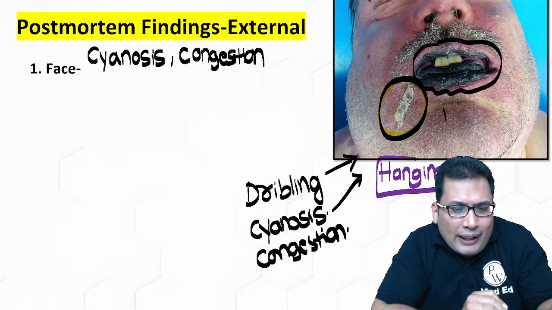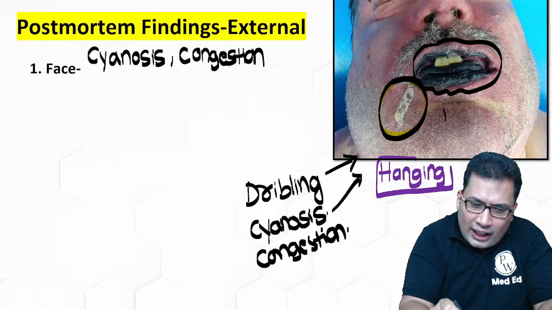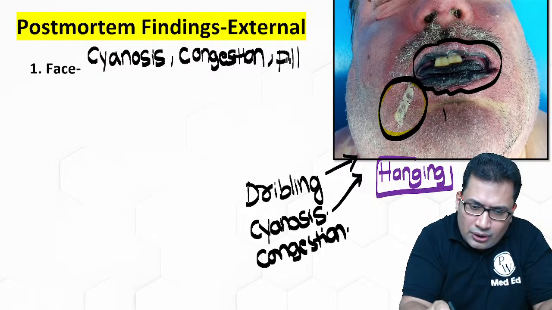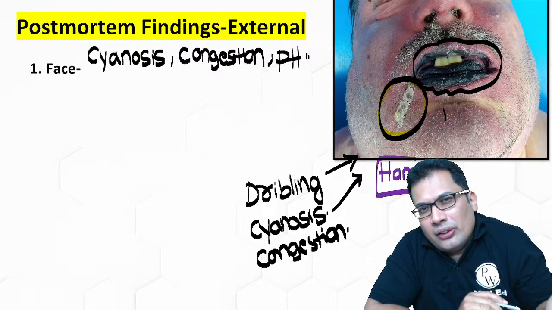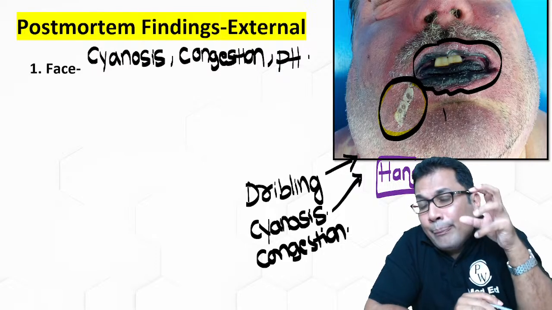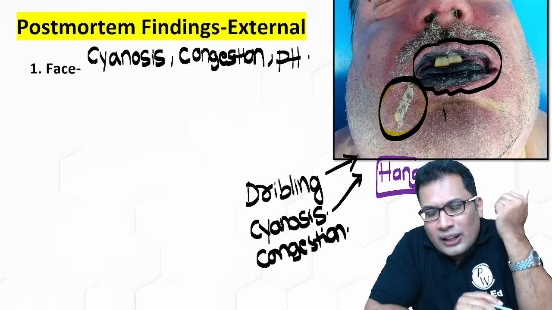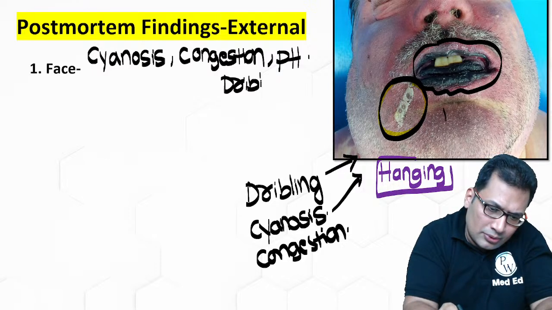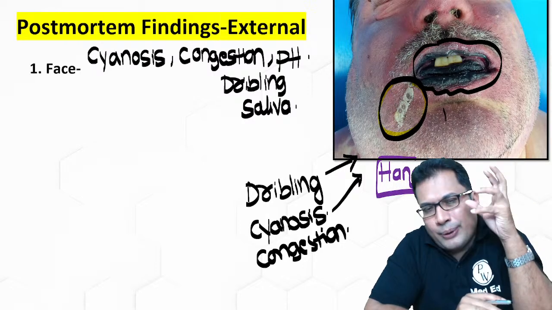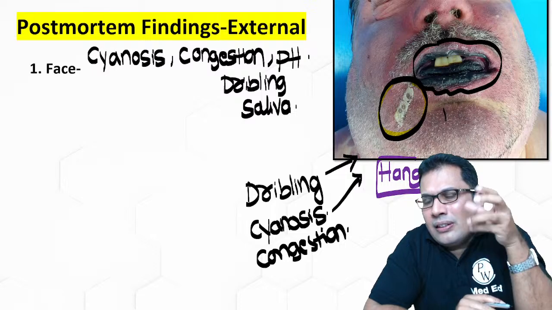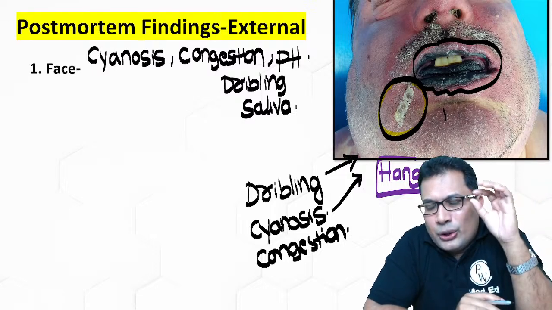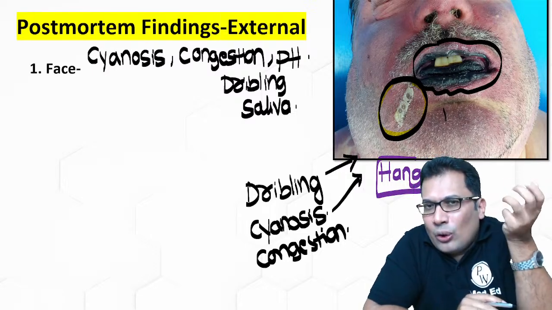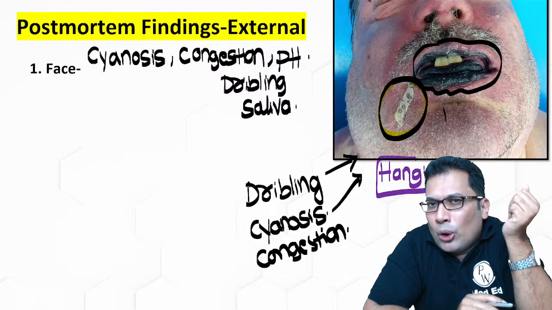And also there can be petechial hemorrhages, small pinpoint hemorrhages over the face. Dribbling of saliva is because of the pressure over the salivary glands. It is usually present opposite to the side of knot. It is a finding in case of ante-mortem hanging.